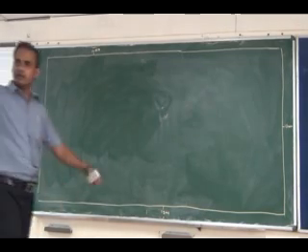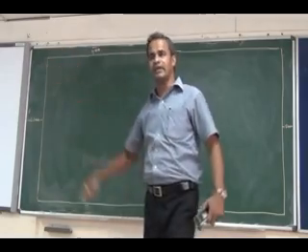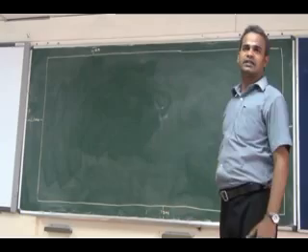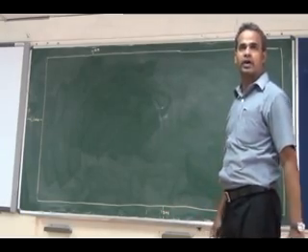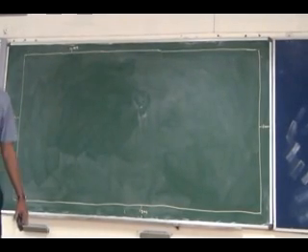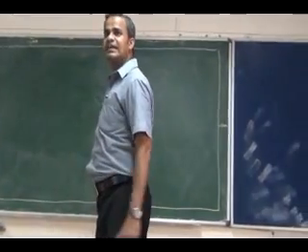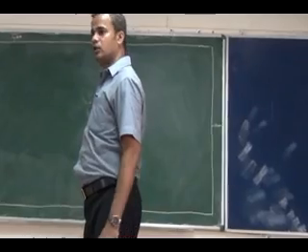Go to the next one, title block. In any drawing you can see, in the right bottom corner, the details of the drawing will be given. That is nothing but the title block. Each company will have its own title block. In our class we will have a standard title block that you should have in all your drawing sheets.